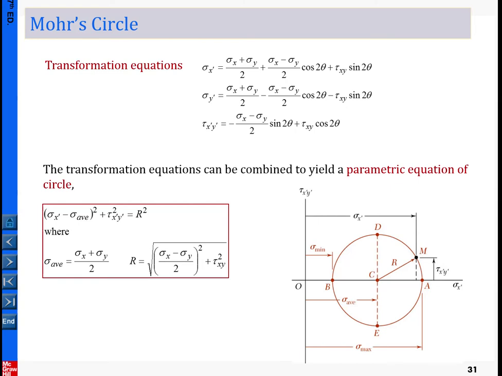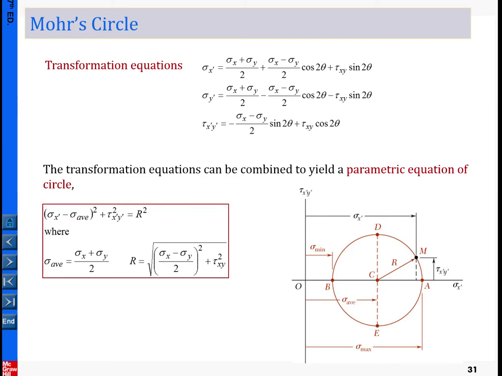So let's first define and introduce what Mohr circles is. Basically, from the previous sections, you have learned we have the equations for the transformation of the stress, normal stress in both x, y prime direction and shear stress.